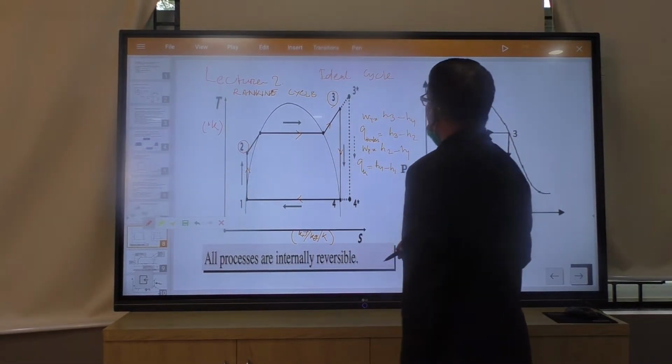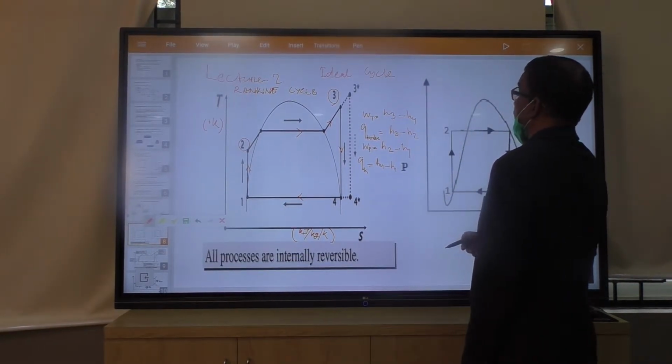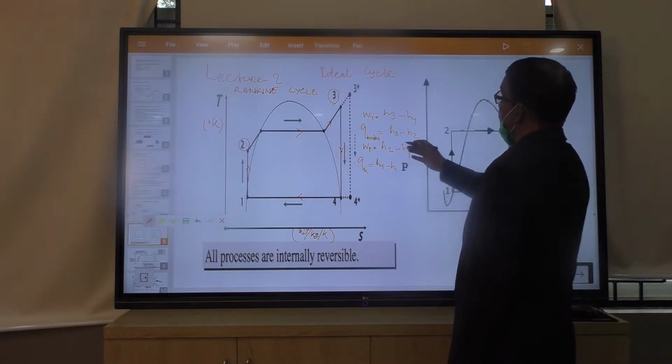This is the formula for calculation of Rankine cycle performance, study of Rankine cycle. We will discuss this derivation.